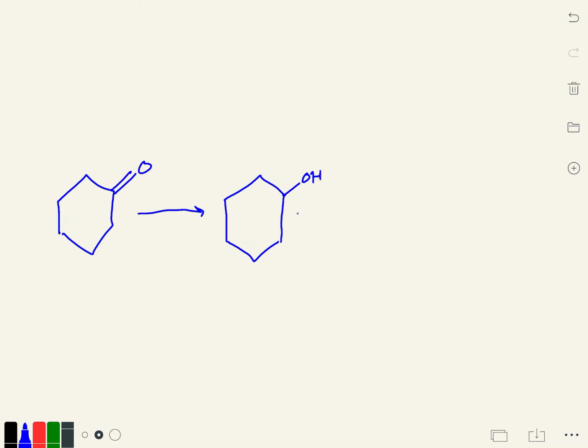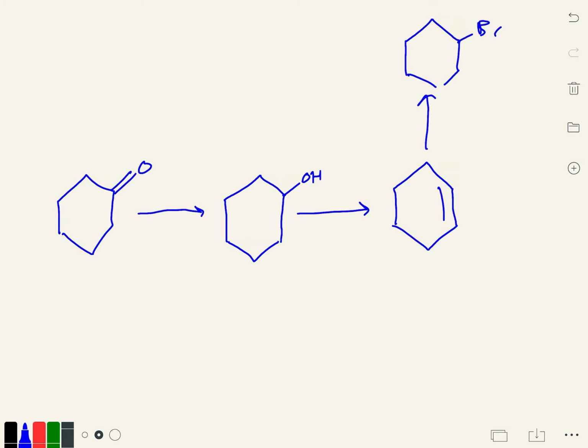And then what would you need to get it to be that? And then how could you turn it into these variations? BR, and then this one would just be saturated.